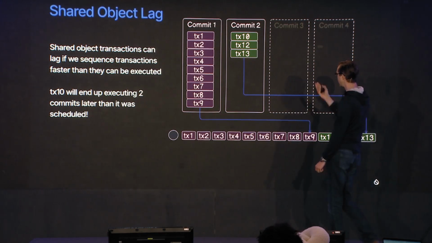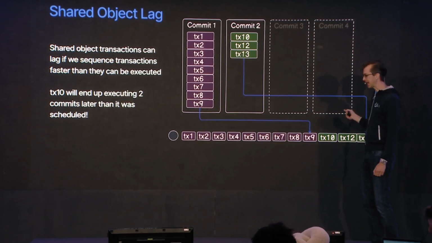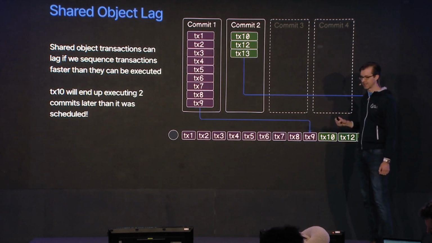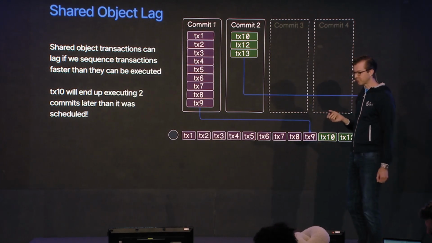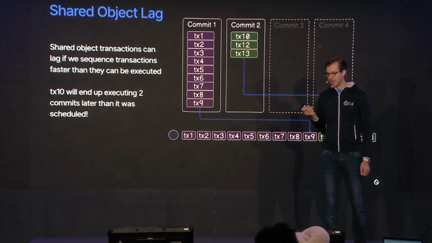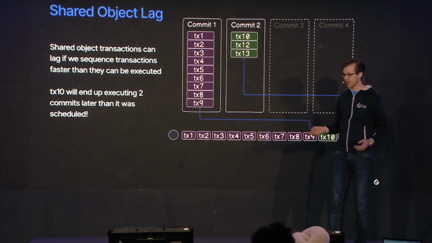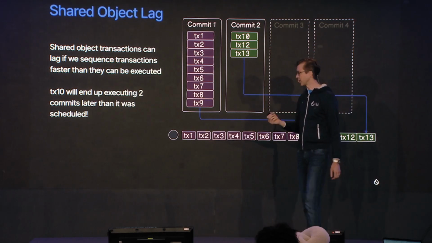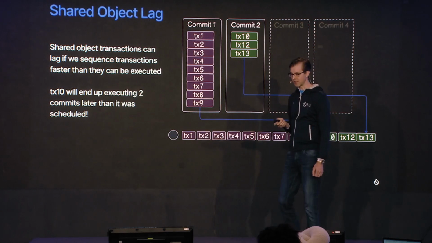And so you can see here that the transactions arriving from commit 2 don't even begin executing until 2 commits later, right? Because of all the commits that were in commit 1. And this is a fundamental problem, right? CPUs aren't fast enough, and they're not getting faster anymore. And so at some point there are going to be so many transactions arriving that we can't execute them all as fast as we want to.